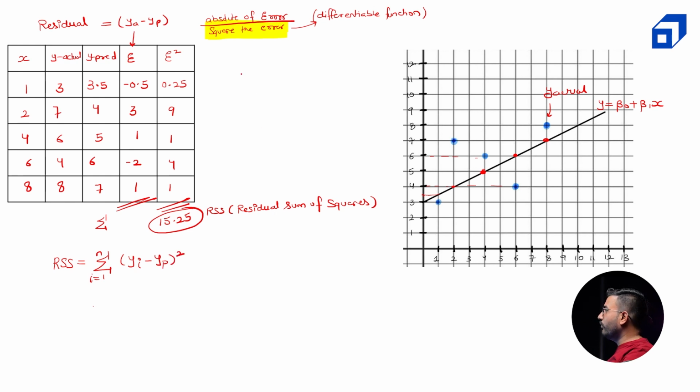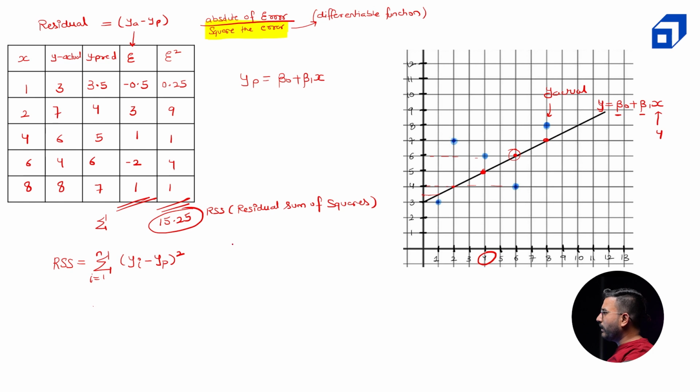We also know that yp is given as beta naught plus beta 1 x. So in order to predict any value at a given value of x, let's say I want to predict the output at x equal to 4, I can simply impute that value over here. If the values of beta naught and beta 1 are already estimated, then I will be able to figure out the value of yp, which is going to be 6 in our case.